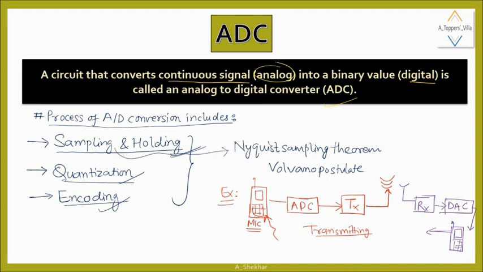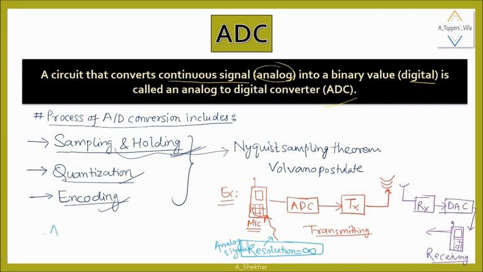Whatever message was being conveyed is received at this receiving unit. One important parameter you can note is that the resolution of this analog signal is infinite.